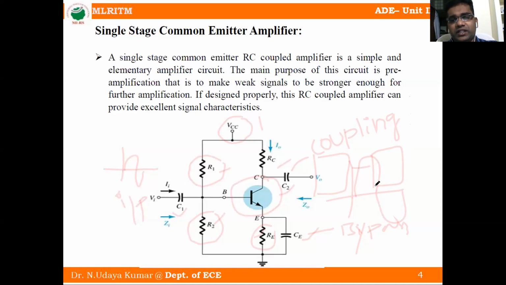For example, 20 millivolts in one stage becomes 30 millivolts in the next stage, then 40 millivolts. Like that we increase the gain of the amplifier. For that purpose we use multi-stage RC coupled amplifiers. This is the description of the single stage common emitter amplifier.